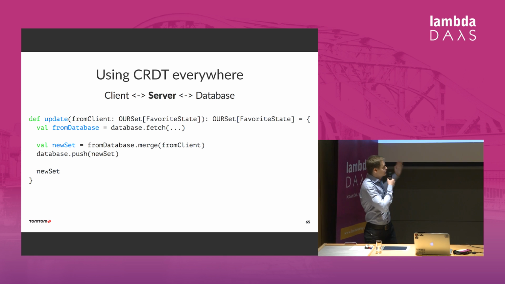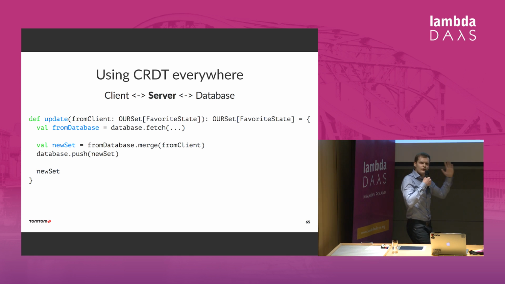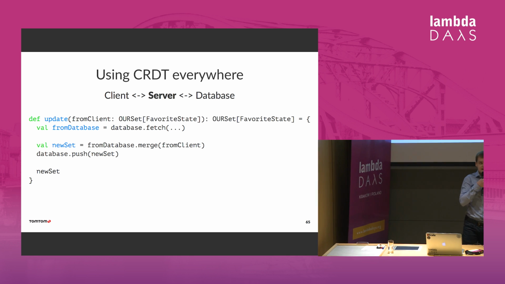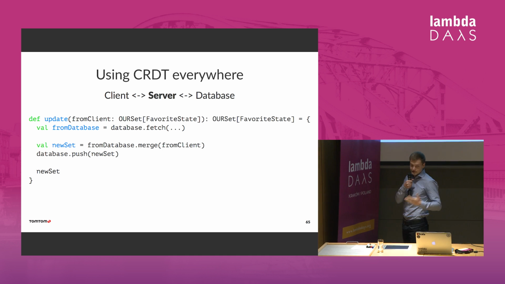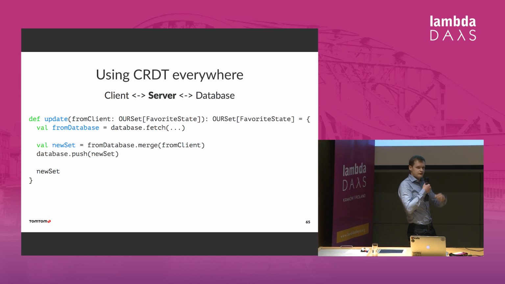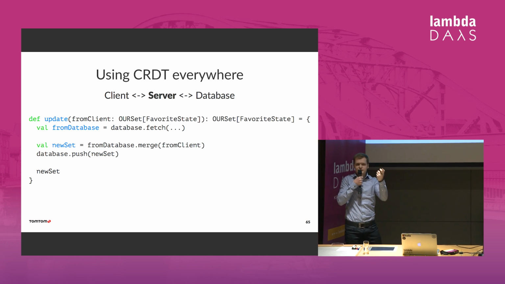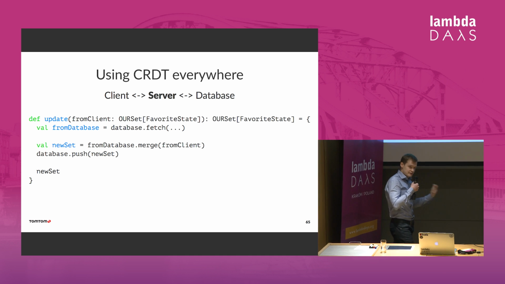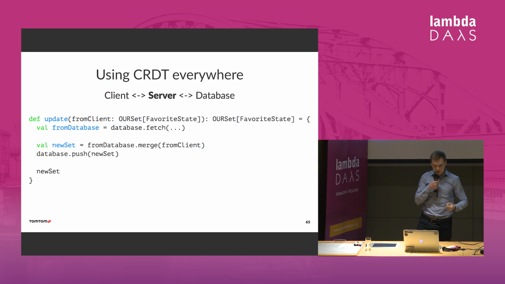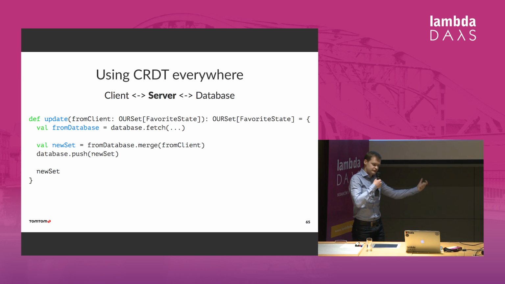So for example, on the server, as Nami was explaining, in the React case, the server is just sort of like a proxy. The server receives an update from the client, the diff. It fetches the data from the React, resolves the conflict, which is not shown here. And then it just needs to merge the values from the database and from the client, push to the database and return the resolved values to the client.